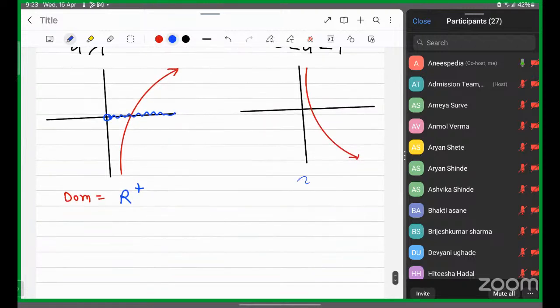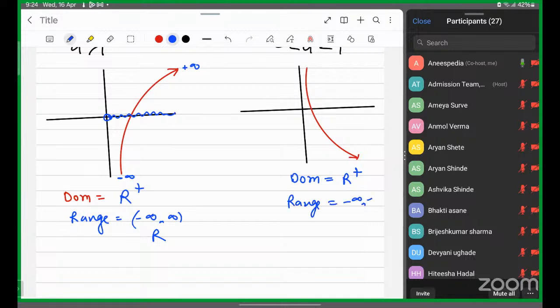Again, the domain will be R plus only, but there is no restriction on the range. From the graph, it is clear that it goes from minus infinity to plus infinity. So the range will be all possible real values. Same is true in this case: minus infinity to infinity, that is R.